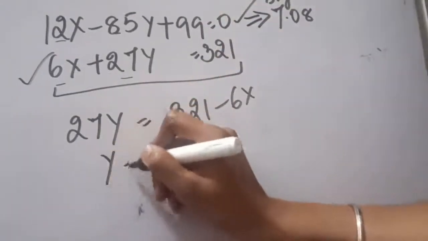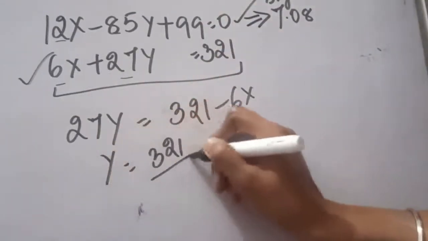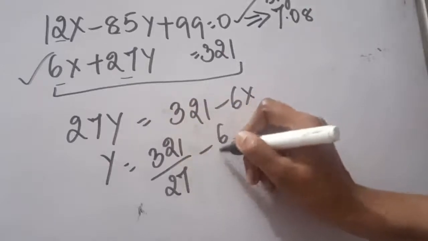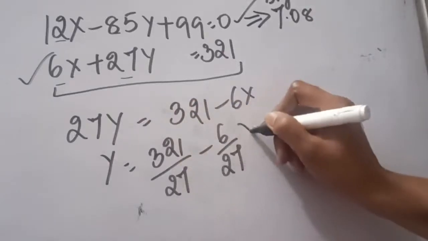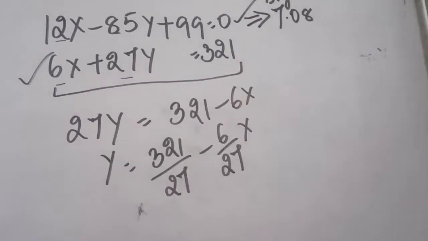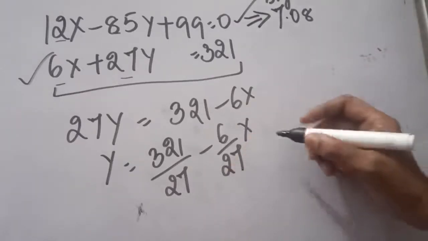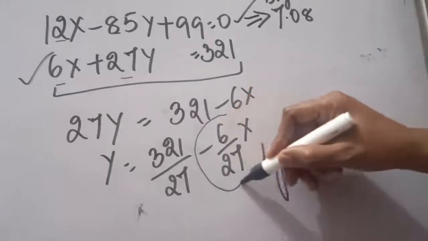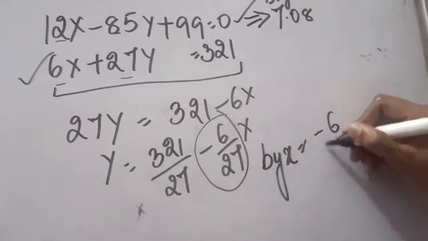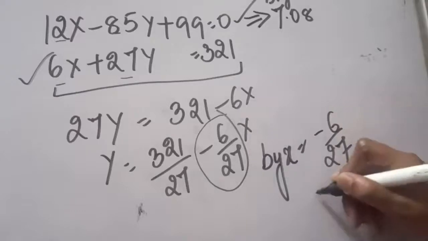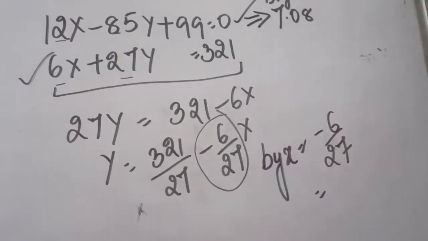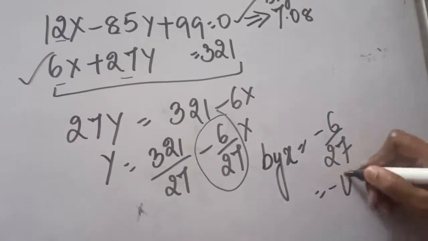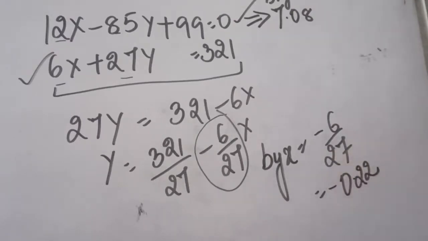So only y is left on the left hand side, and it will be like this. Now from here, the value being multiplied by x is my byx. So this is minus 6 upon 27, which comes out to be minus 0.22.